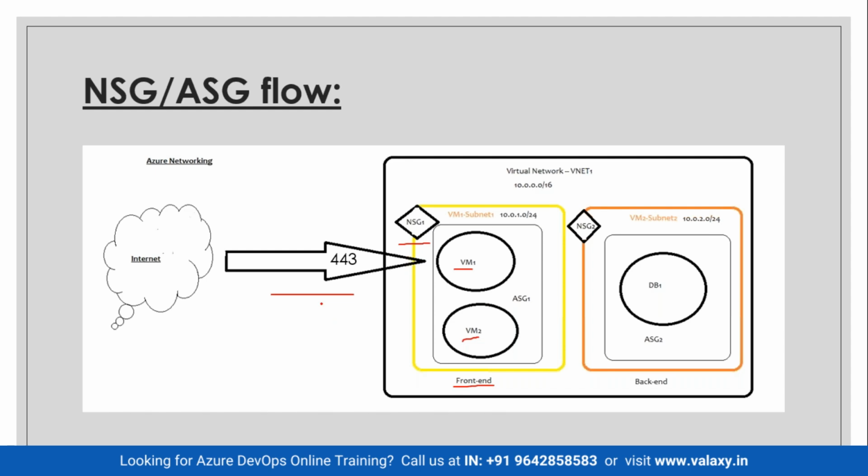Now think, these are your backend VMs wherein your database is hosted. Okay. So if I want to access this VM, I can access directly over here. But what if I want to access the VM on DB?